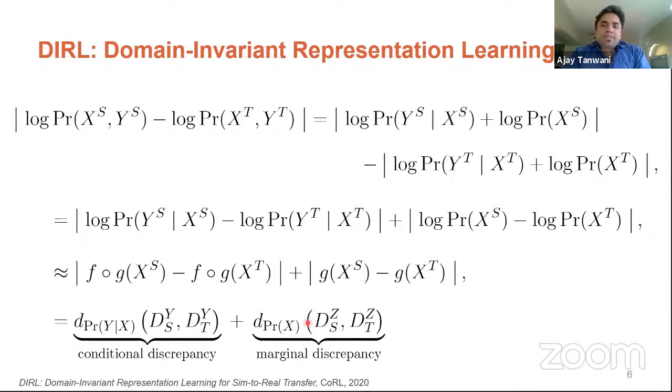The marginal discrepancy here refers to the distance between the probability distributions of the transformed features in the shared feature space, whereas the conditional discrepancy refers to the resulting distance between the policy distributions at the output level.